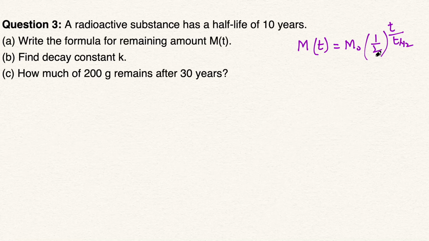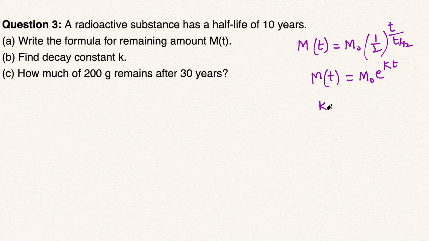This is the formula for half-life. And here, if we go with the continuous growth version, this is m0 e raised to power kt. This k is the growth constant or decay constant, whatever the question is.